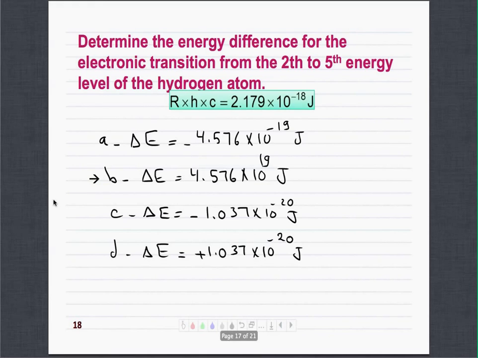Instead of doing 1 over 25 minus 1 over 4, or plugging it right into your calculator, you would do something like that, and this does not equal 1 over 5 squared minus 1 over 2 squared. Those two are not equal. So make sure you're doing the calculation right, even if you know how to plug the numbers into the equation.